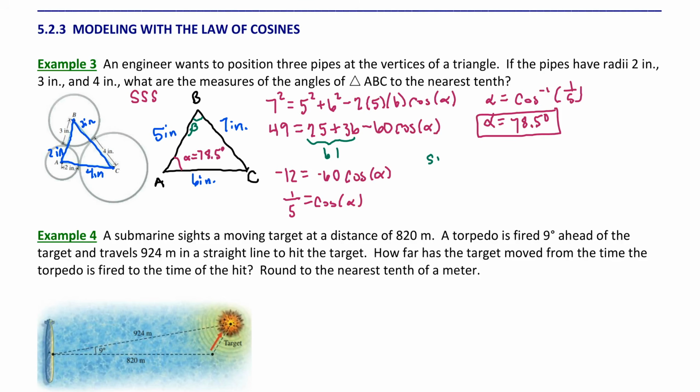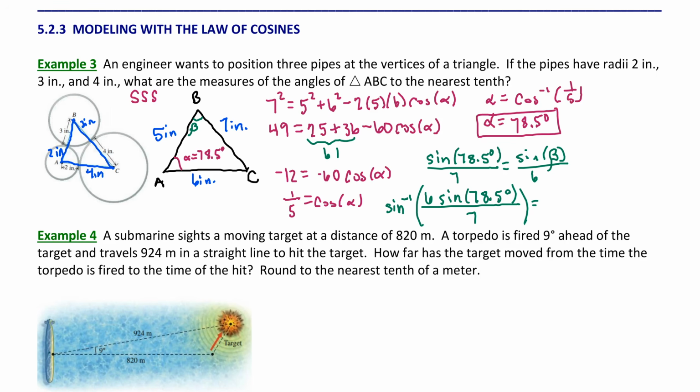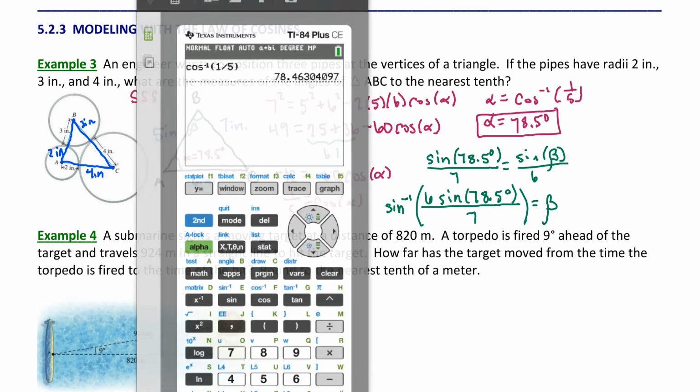Next, we can work on calculating angle beta using the law of sines. So starting with the angle that we know, sine of angle alpha, or sine of 78.5, divided by its opposing side of 7, is equal to sine of the angle we're attempting to find, beta, divided by its opposing side of 6. We can multiply both sides by 6. That's going to isolate sine of beta on the right, and then we can further isolate beta by applying inverse sine to both sides.